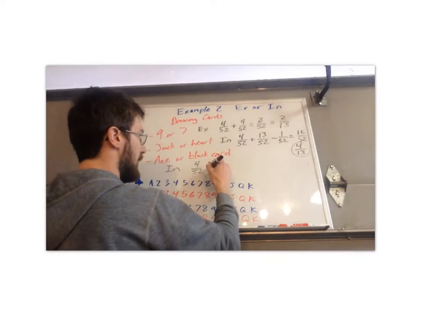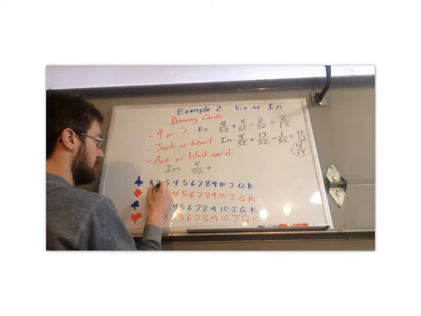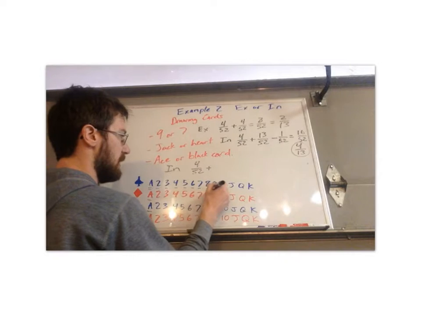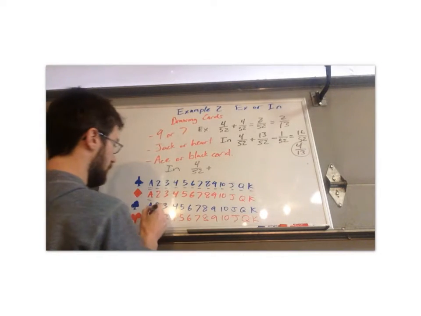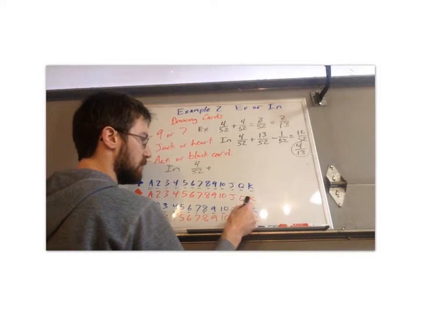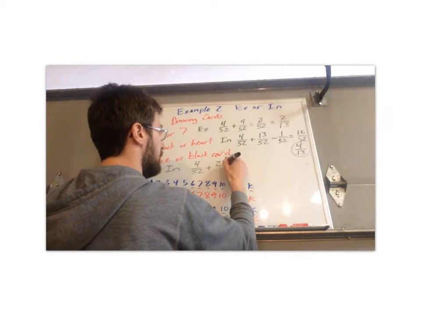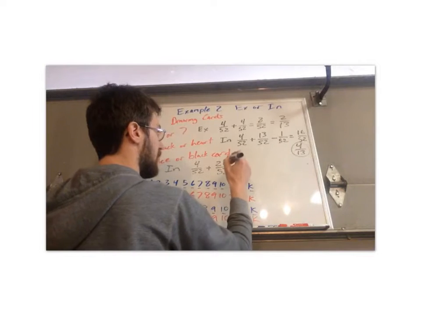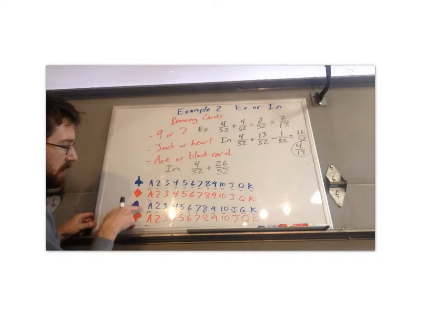And then of a black card, I've got 1, 2, 3, 4, 5, 6, 7, 8, 9, 10, 11, 12, 13, 14, 15, 16, 17, 18, 19, 20, 21, 22, 23, 24, 25, 26 out of 52. Half of the cards. Now, I've got 2 doubles here. I've got the ace of spades and the ace of clubs.